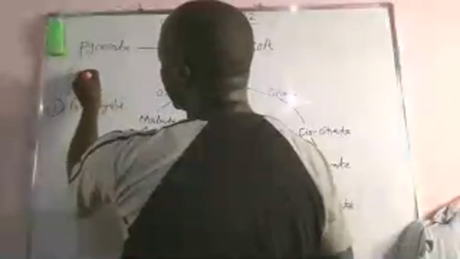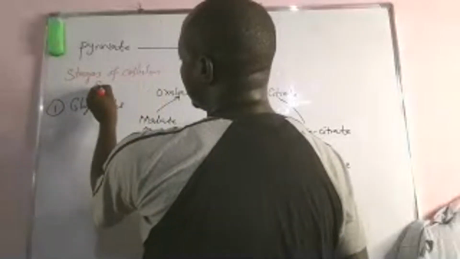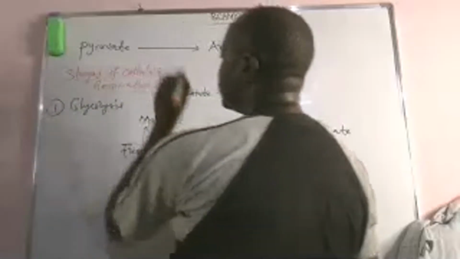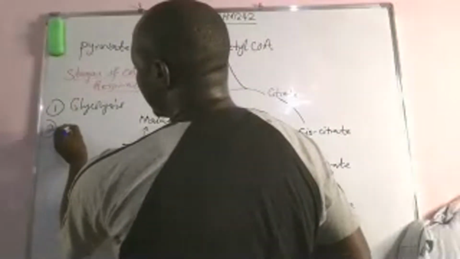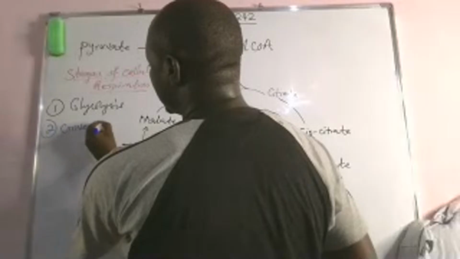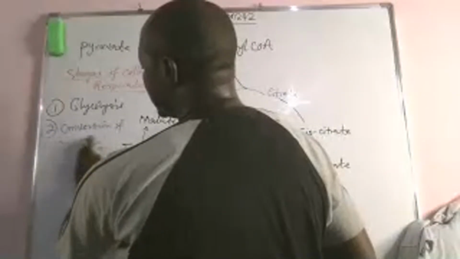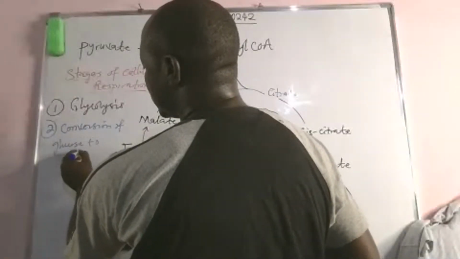Stages of cellular respiration. Number 1, we have glycolysis. Number 2, we have conversion of pyruvate, the conversion of glucose to pyruvate.